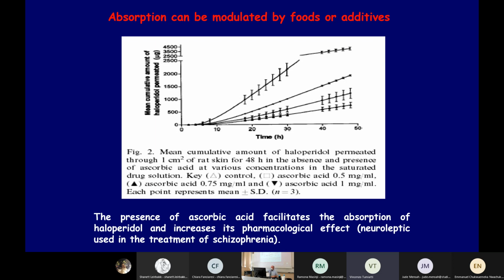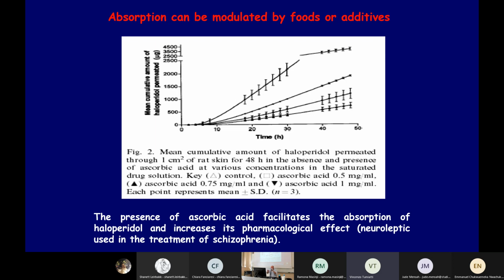In this case it is haloperidol, an antipsychotic, because we have cleaned the surface of the skin. But in addition, ascorbic acid can change the pH of the absorption point, and so we can increase the concentration of the unionized form of your drug.